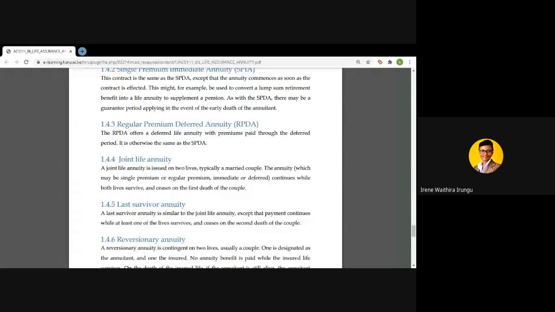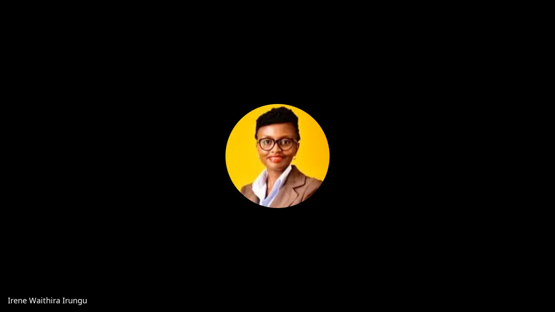In case Mrs. A dies, then the company will stop paying the annuity payments. So these annuities will continue as long as both lives continue to survive and will stop once death occurs in either of the lives. That's why it's being called a joint life annuity. The annuity payments only continue if the two lives are actually alive.